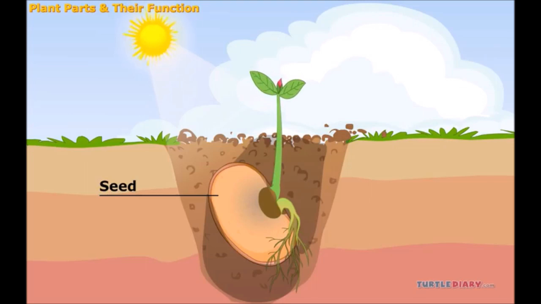Part of the seed grows up toward the warmth of the sun above the dirt. Part of the seed grows down into the ground. The part that grows mostly beneath the dirt is called the root of the plant. The part that grows up above the ground is the stem of the plant or the trunk of the tree.